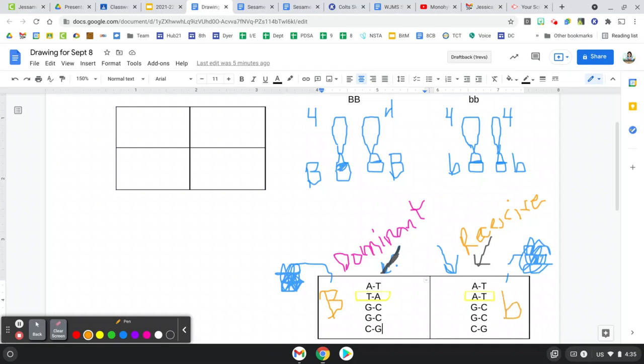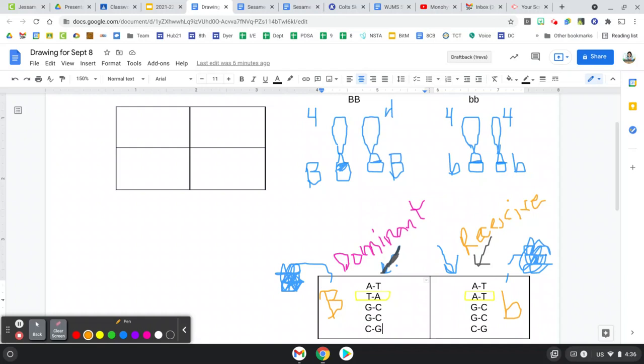So instead of having to write out the whole code, and the code would probably be about 1,000 bases, we've only got like 5 here, so that'd be a lot more bases to write out. We can just substitute and put in a capital letter or a lowercase letter, and that lets us know what the code is, whether it's the dominant code or the recessive code that's found on the chromosomes.